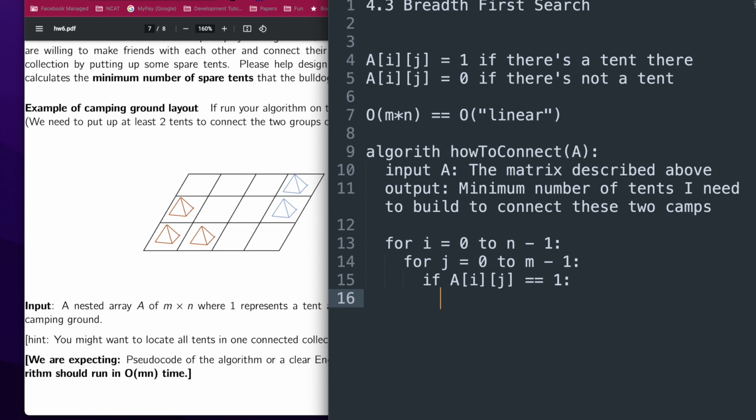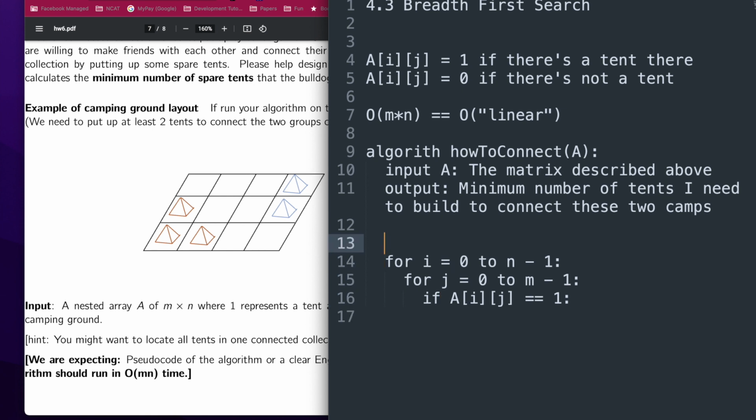So we're going to try to find, as the hint suggests, the rest of the tents in this component, the rest of the squares that have a 1 in them. The way to do that is to run BFS at this point. So let's keep a visited array.